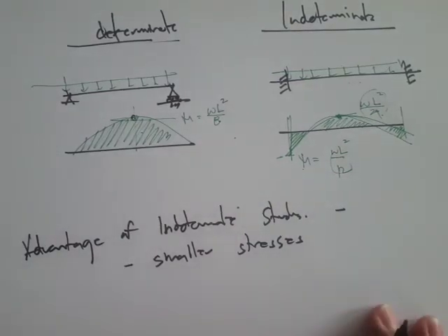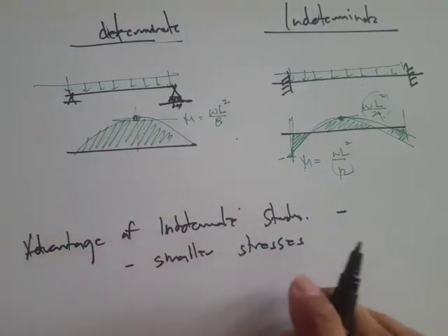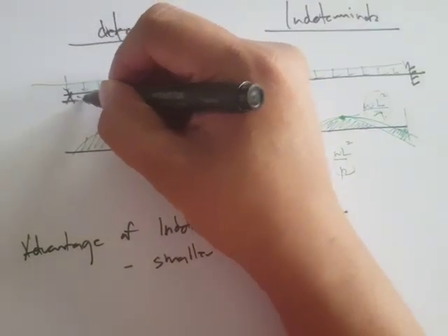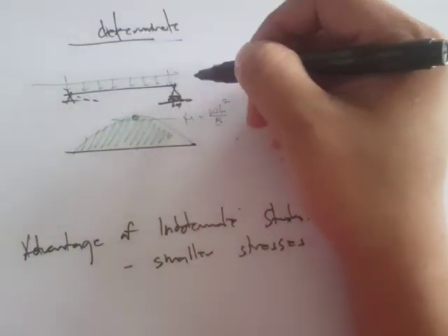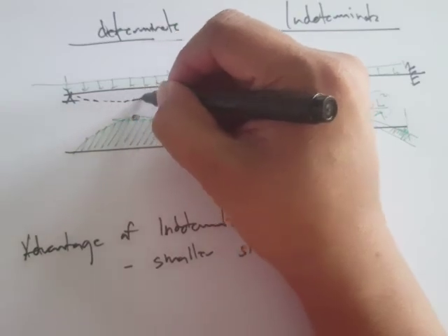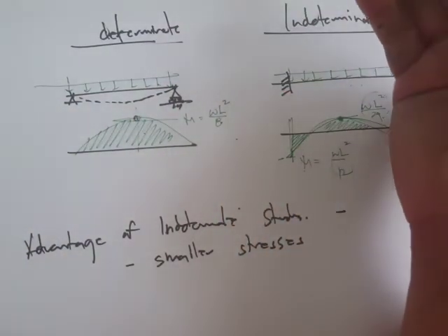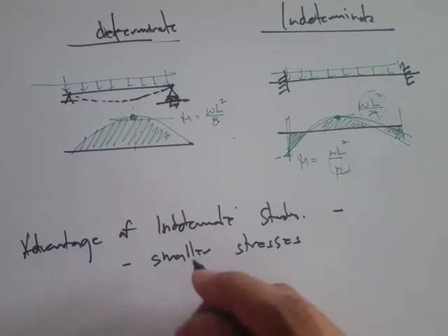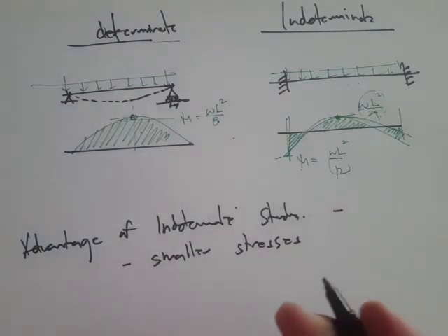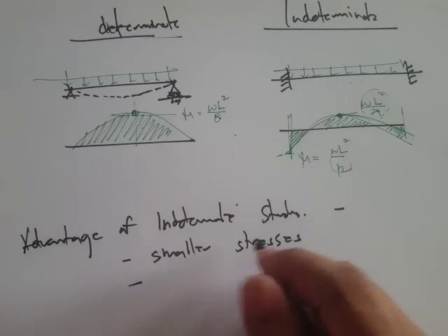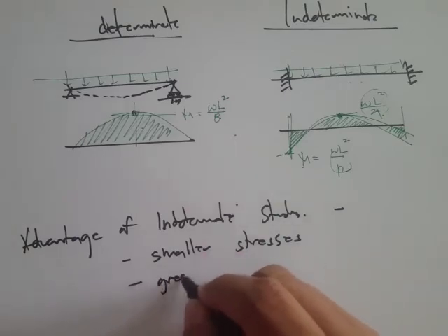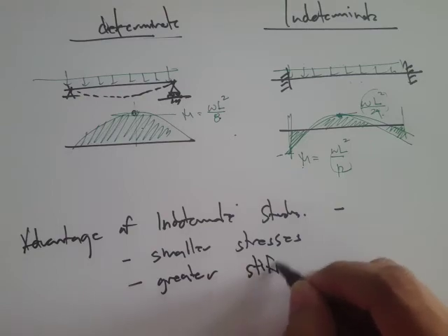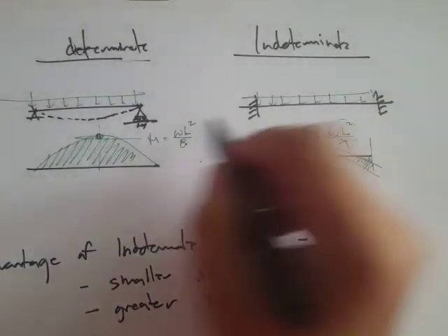Another advantage of indeterminate structures is that, for example, this is the external loading, and then there's a deflected shape. In terms of deflected shape, we can relate this deflection or deformation to the stiffness, and we can say that indeterminate structures have greater stiffness. So why?